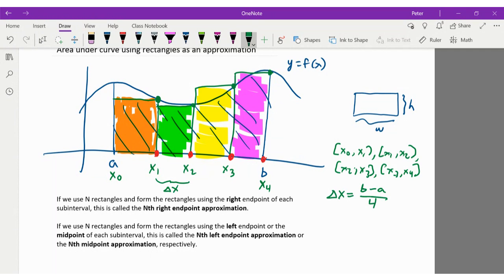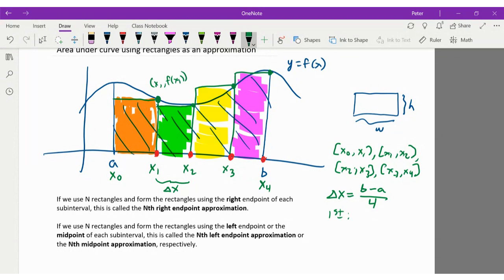So what that means is I can easily find the area of each of these rectangles in a regular way. The area of the first rectangle is just going to be the height of the rectangle. Note that this point is x1, f of x1.